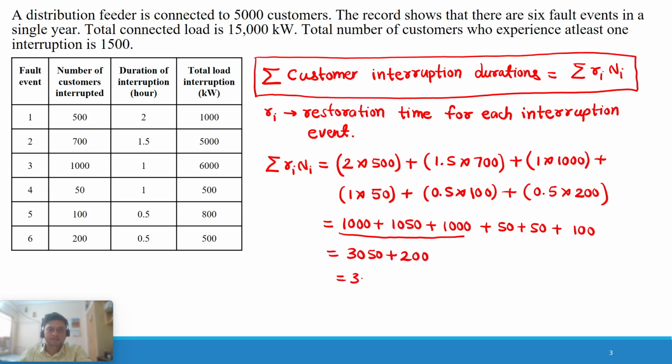So 3250. So the summation of customer interruption duration, sigma RiNi, will come as 3250.